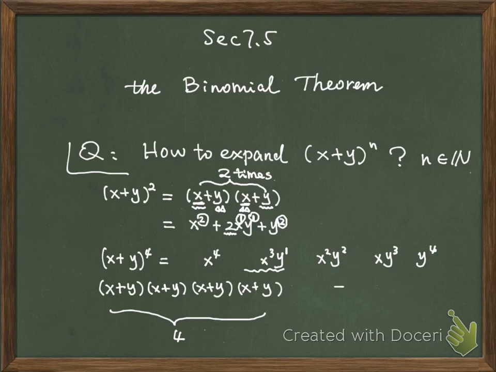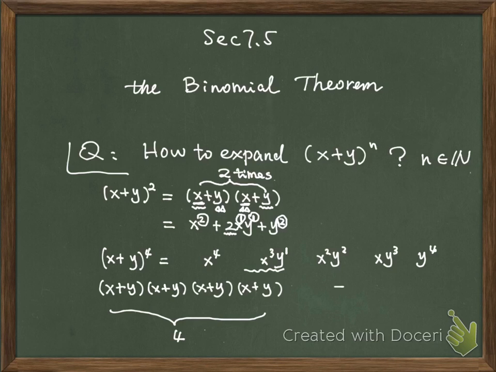And in order to find the coefficient of x cubed y to the first, all we need to find out is how many different ways we can choose 3 parentheses out of these 4 parentheses, so that we will just take an x from each of those 3 chosen parentheses, and for the remaining parentheses we will just take a y.